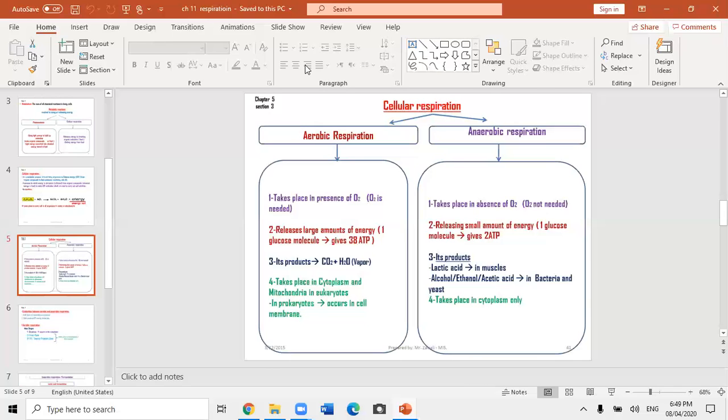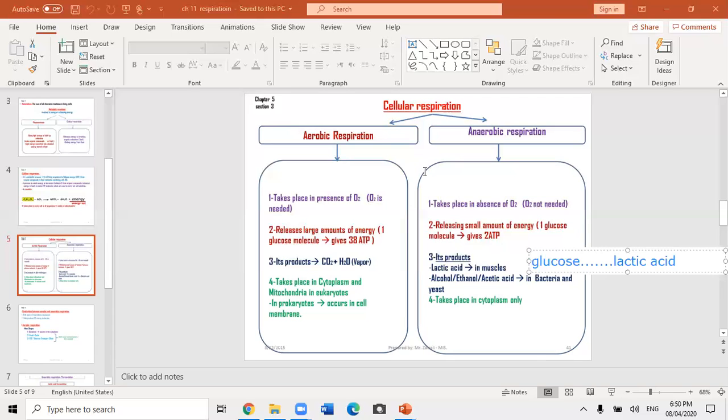And here we can write the formula of the muscles in which they can respire anaerobically. So we can say glucose will give lactic acid directly.